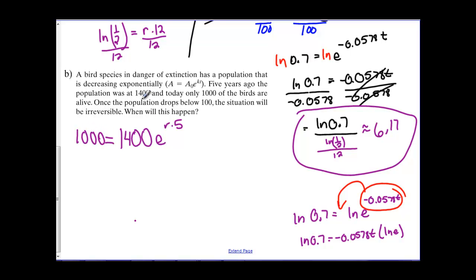Because it's decreasing, the number on the left should be smaller than your A naught, your beginning amount. So you're going to solve for your r, and then once you get your r, you're going to set this back up and figure out whenever you get down to 100.